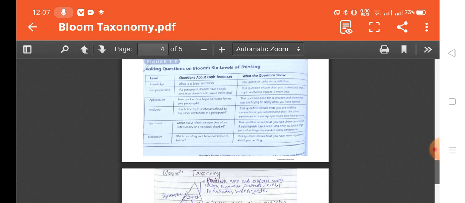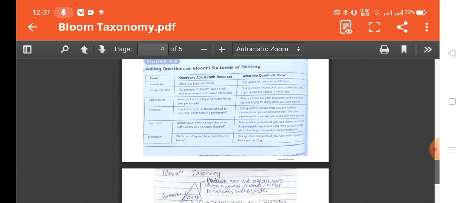This question asks for the process and shows that you are trying to apply what you have already learned. At the analysis level: how is the topic sentence related to the other sentences in a paragraph? This question shows that you are making connections. You understand that the other sentences in a paragraph must also have a purpose.